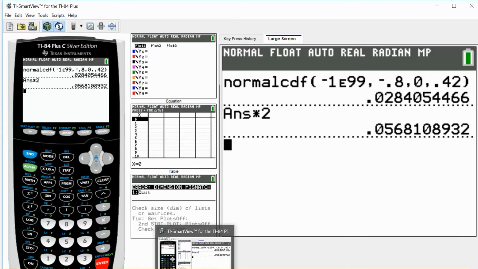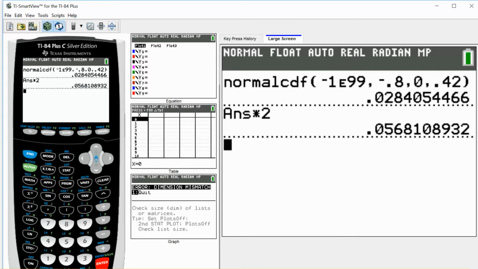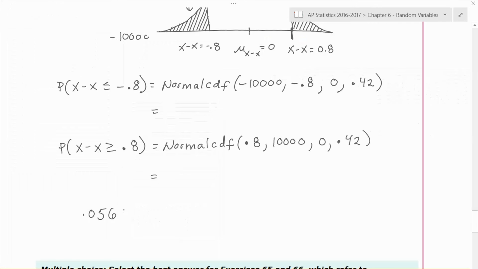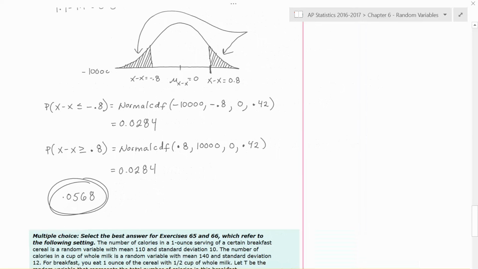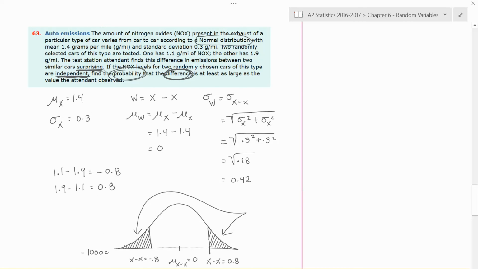So 0.057, if I round, should be the answer. Okay, that's my answer. The probability that the observed difference is as large as what the attendant saw, or larger.